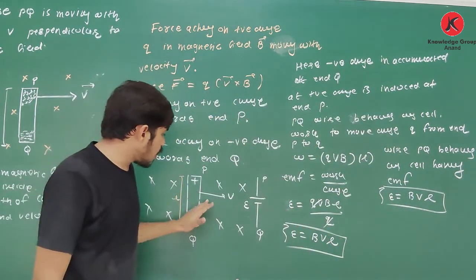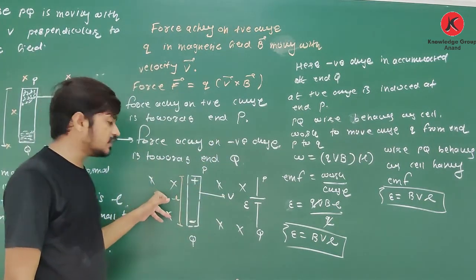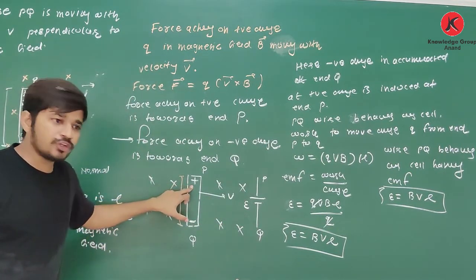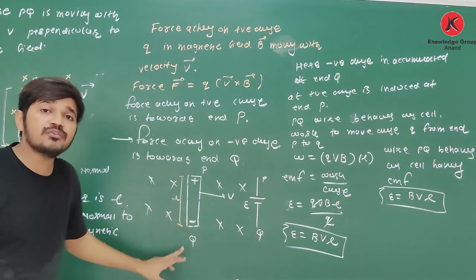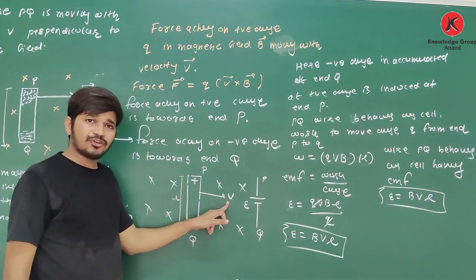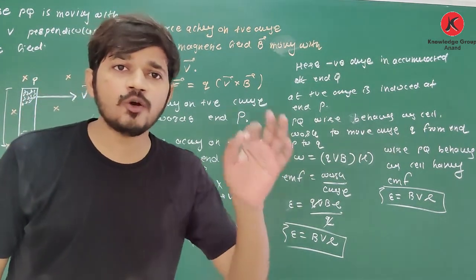So you have to remember this situation. Magnetic field normally inside, velocity in this direction, then P becomes positive and Q becomes negative. If I change the direction of the magnetic field or the direction of velocity, then this polarity also changes.